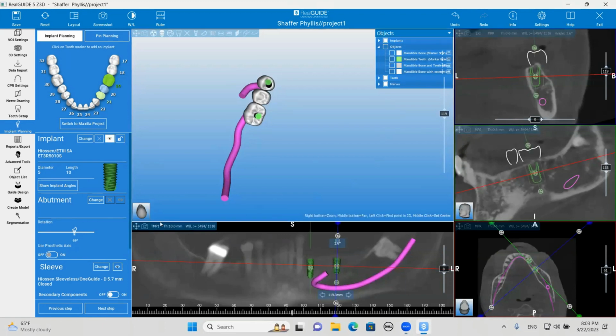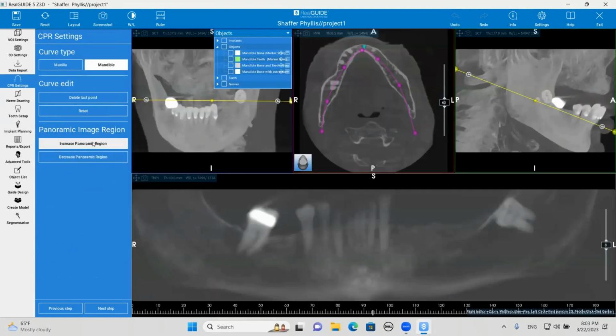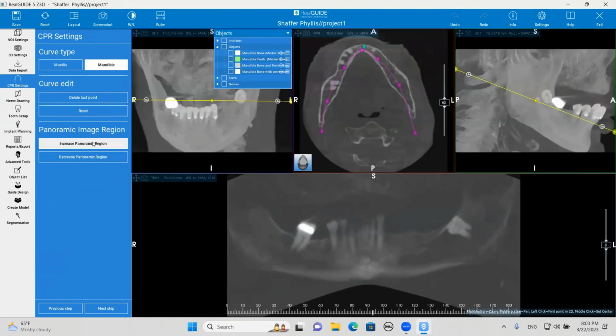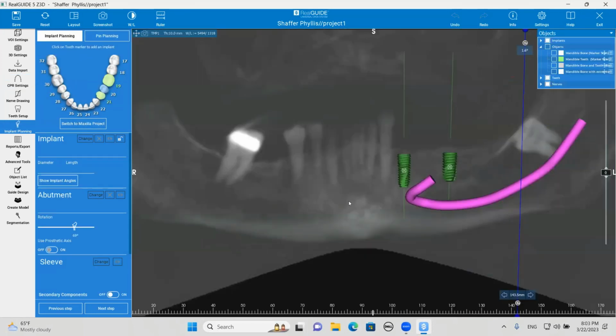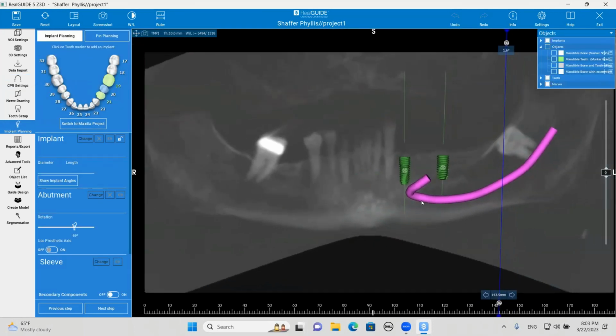No, that was the position of the nerve that was not clear in the CBCT scan. Yes. So what they did is, all of ITX's planners are dentists. They're very, very good, and they can trace the nerve. We don't have time to do it, but they'll go back to the model.